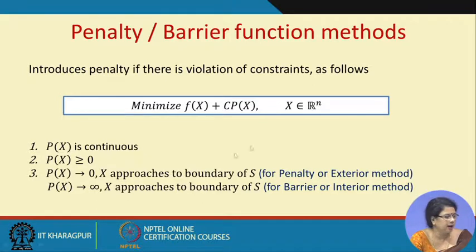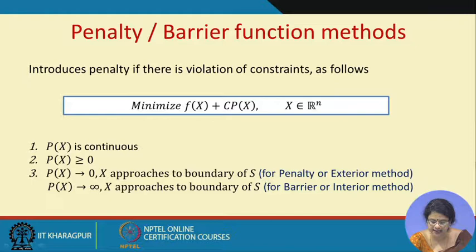If p(x) tends to 0 as x approaches the boundary of the feasible region S, then this is the exterior penalty function method. On the other hand, if p(x) approaches infinity as x approaches the boundary of S, then it is the barrier or interior method.